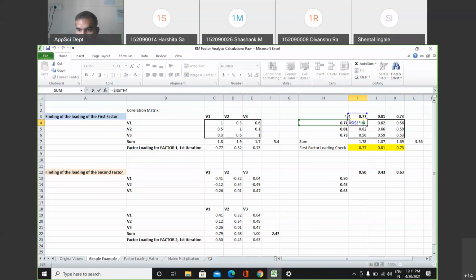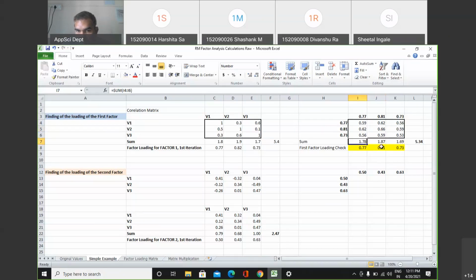We just multiply the corresponding row value and the corresponding column value. So here 0.77 and 0.77 are multiplied. If we go here, 0.81 and 0.77 are multiplying. So similarly, this matrix is created, the values inside the matrix.